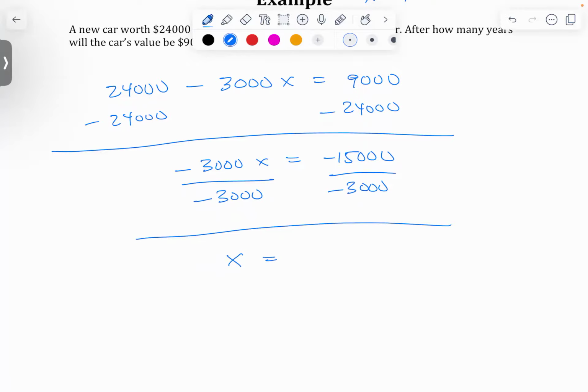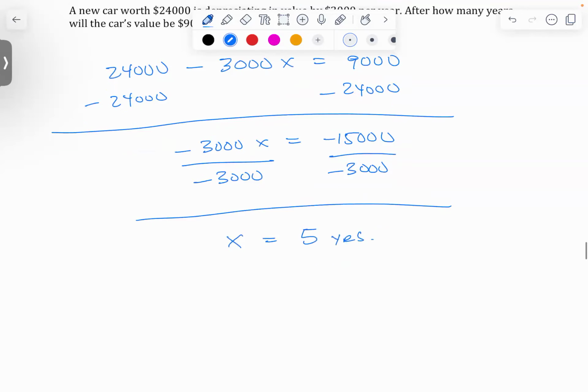So once again, look at that. X equals 5, but now 5 years. So solving our problems piece by piece. Take your time. Don't panic.